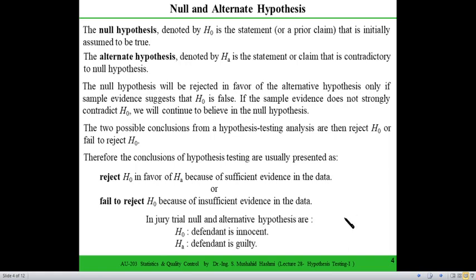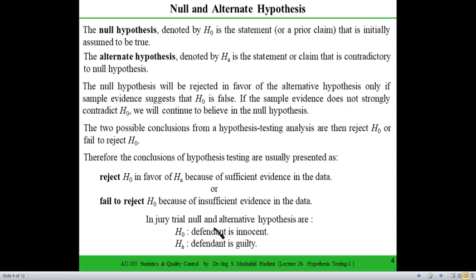And the same thing happens in a jury trial, where the defendant is assumed innocent before the start of the trial. The prior claim is always that the defendant is innocent. That would be the null hypothesis, and the contradictory claim would be the alternative hypothesis that the defendant is guilty.